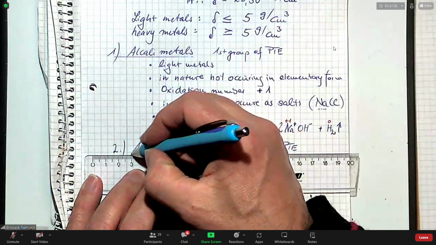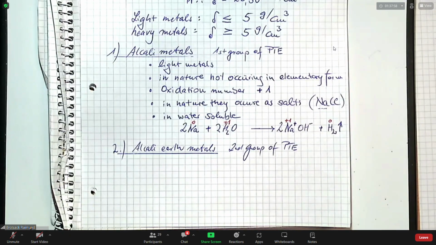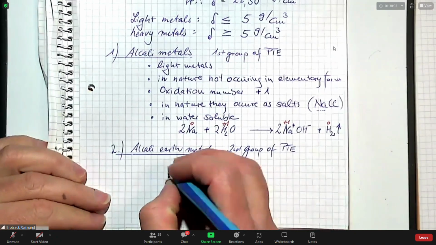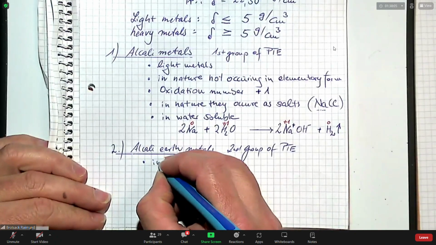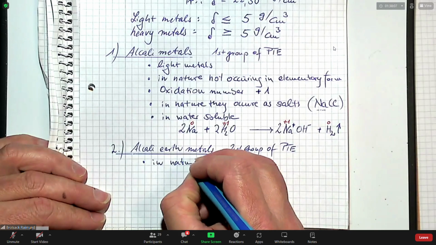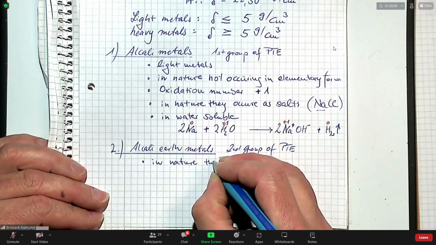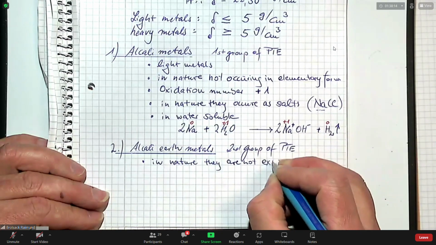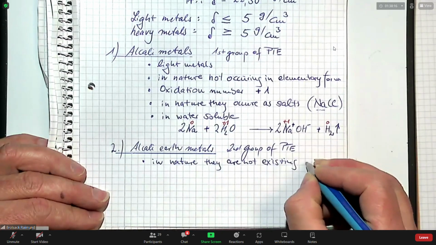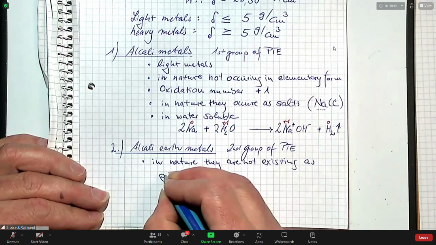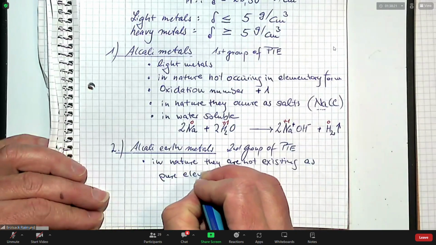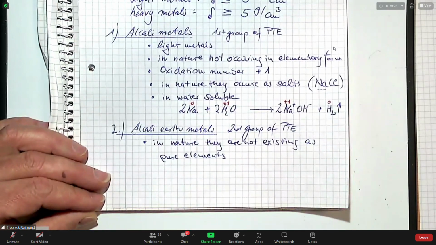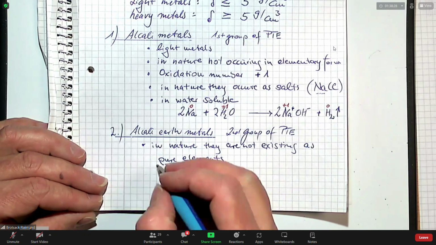What do we know already about them? In nature, they do not exist as elements. Similar to the alkali metals, they are not stable. They are reactive.